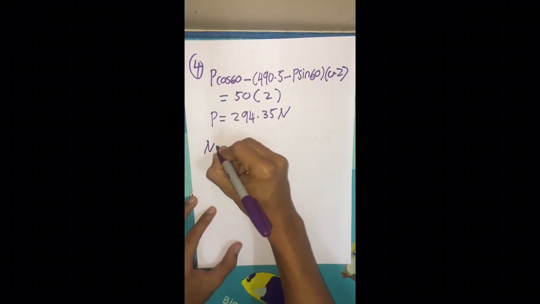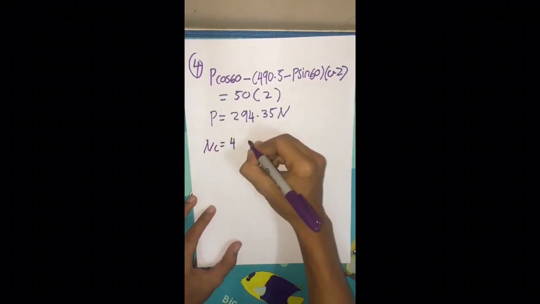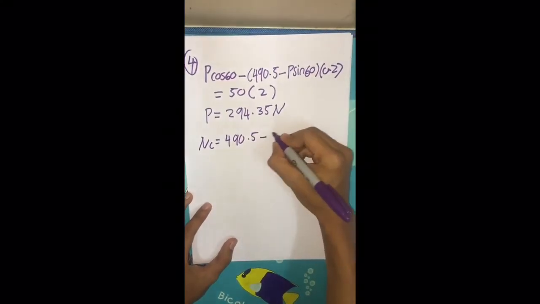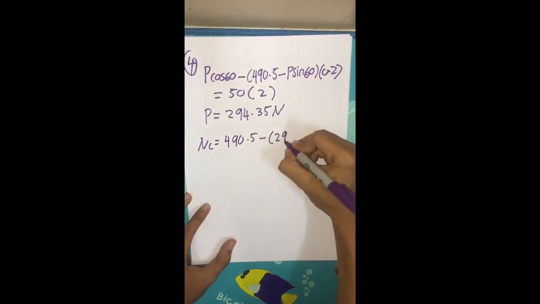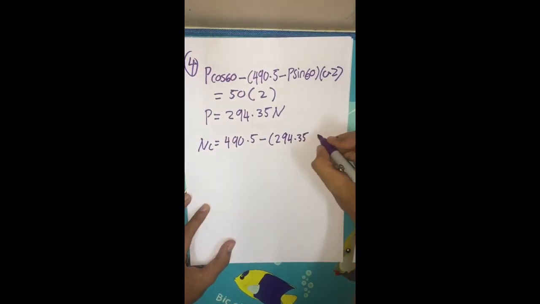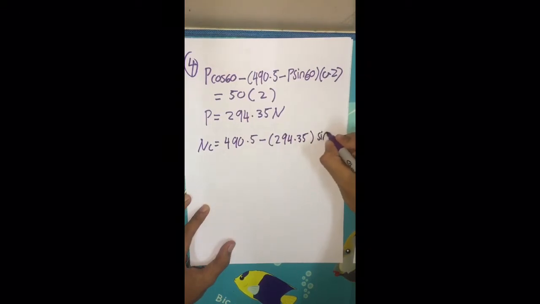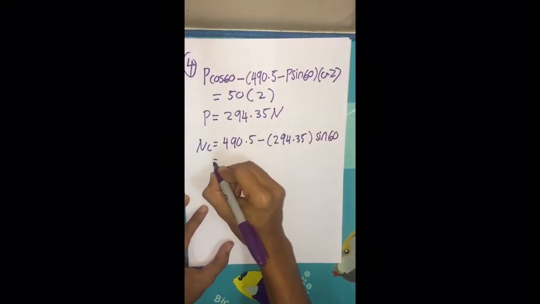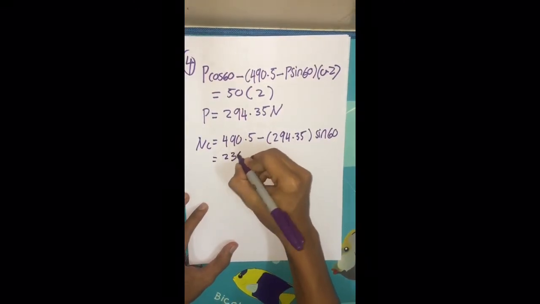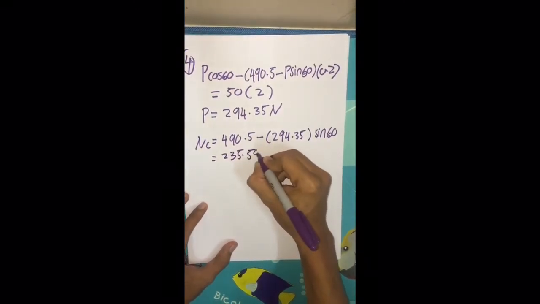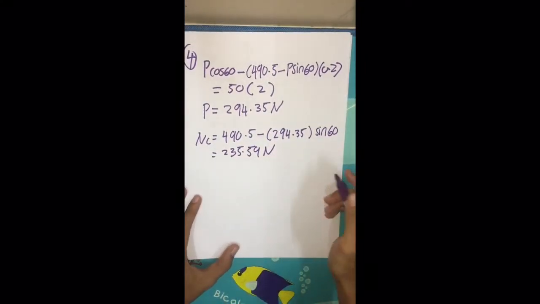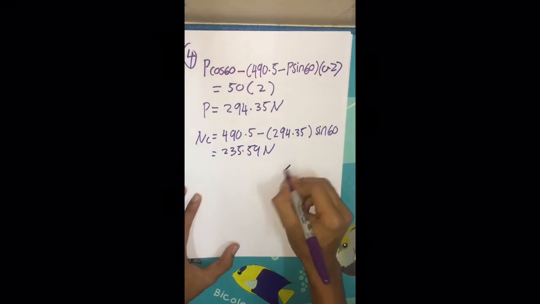So N is equal to 490.5 minus 294.35 sin 60. The N is equal to 235.59 Newton. So that's the answer for question B. That's all.